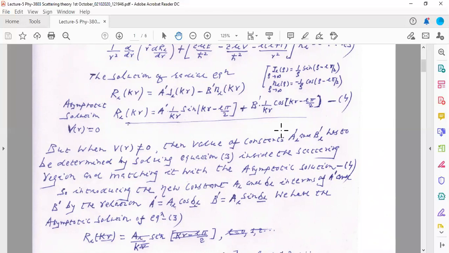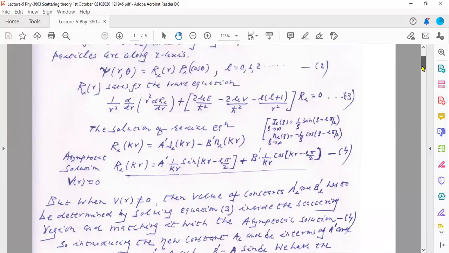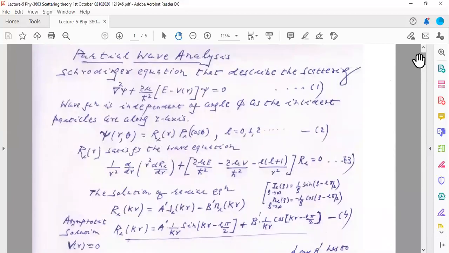So the amount which is altered, that is, how much part is altered, is defined by the phase shift. So we want to understand the meaning of phase shift. Once again, I'm repeating that you can see here that this is the radial wave equation.